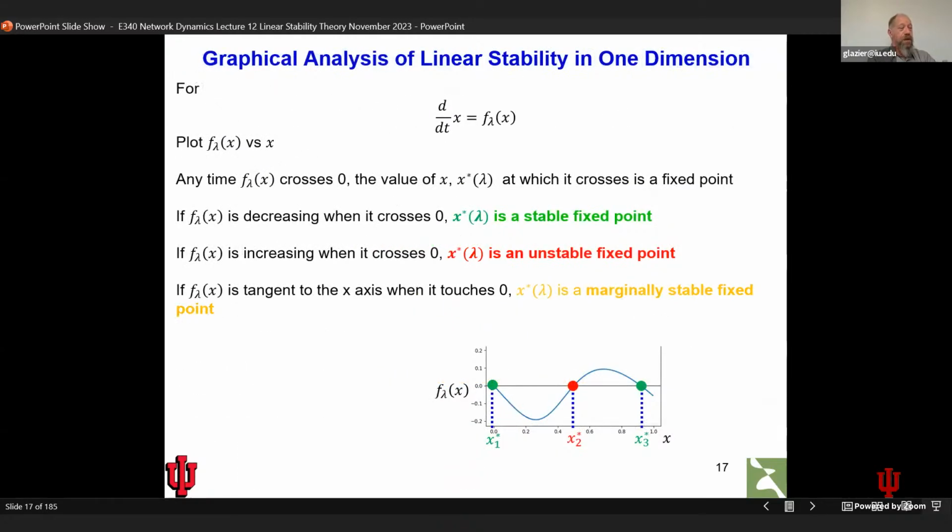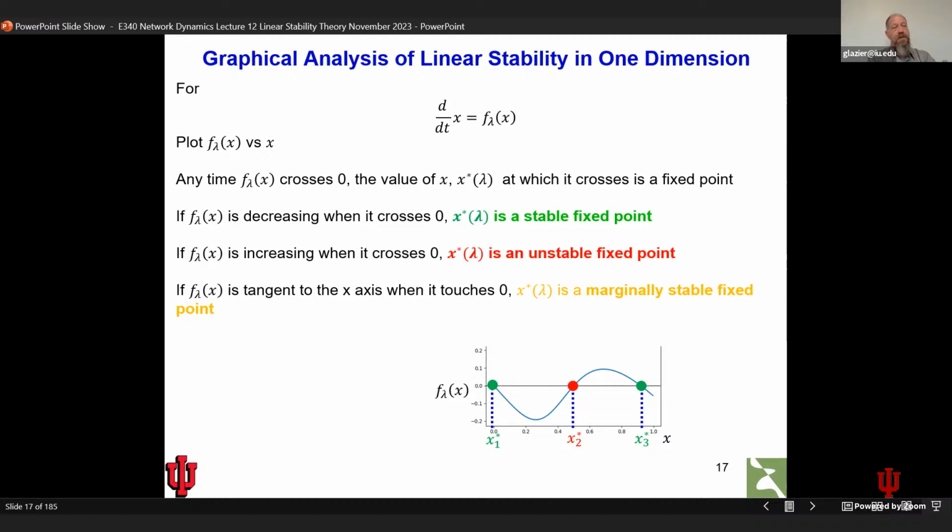So in the example that I showed here, I plotted f of x versus x. It crosses 0 3 times at 0, a half, and 0.9. The first time it crosses it going down, so it's stable. In the middle, it's going up, so it's unstable. Third place, it's going down again, so it's stable.